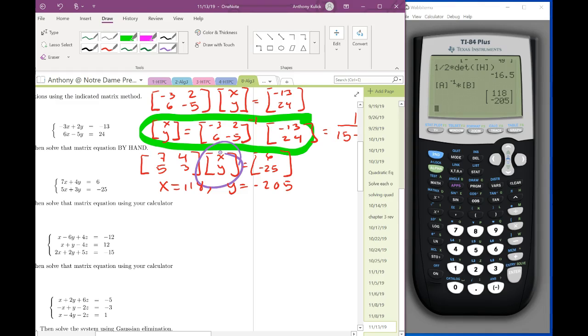Because if you look at this part in green, I just know that the solutions matrix is equal to the coefficients matrix inverse times the solutions matrix. And that's all I need to solve. So what I got here on my calculator is actually what that x matrix, xy, is equal to. That's how I can conclude that x is 118 and y is negative 205. Does that make sense?